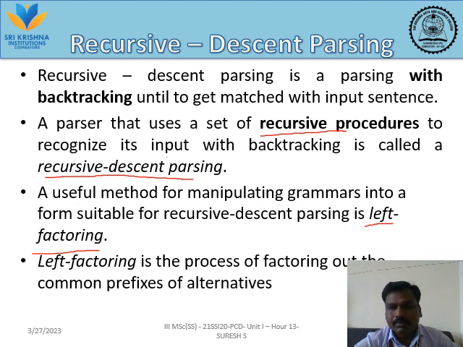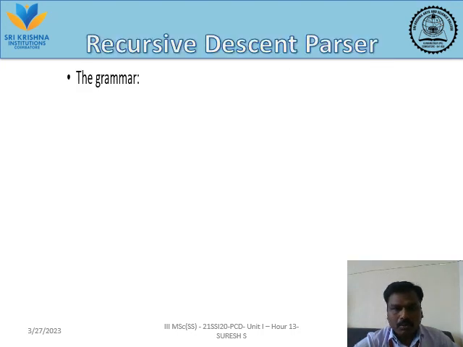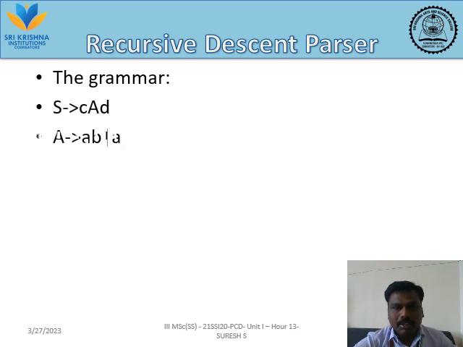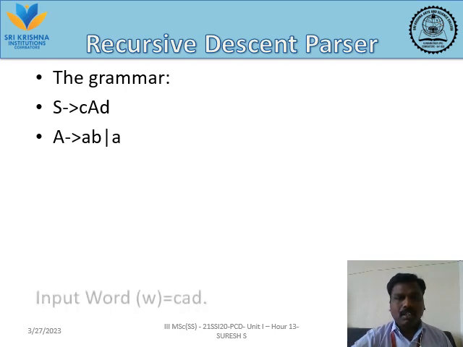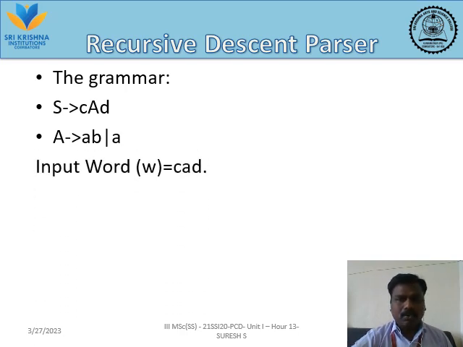Okay, guys, now consider the same grammar and how the recursive descent parser is working. Let us check it out here. Consider the same input word CAD, where S produces CAD.